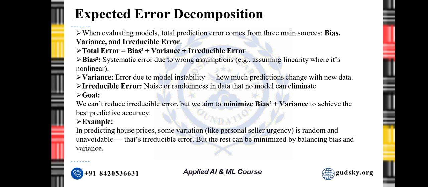The simple equation bias square plus variance plus irreducible error explains why no model can ever be 100% accurate. Even the best model has some unavoidable error, and that's perfectly normal. So this is the expected error decomposition, and now we'll move to the next slide, that is visualizing the trade-off.